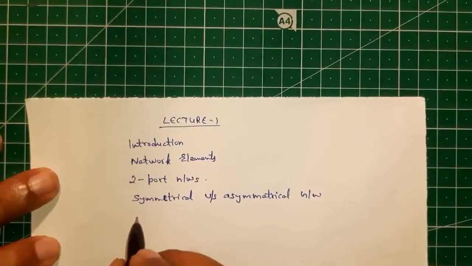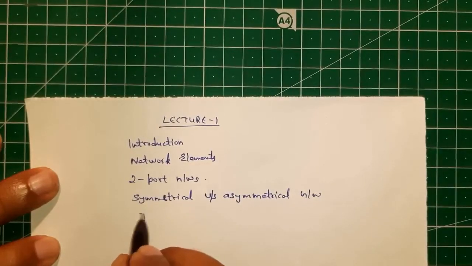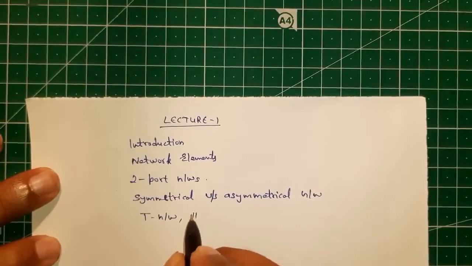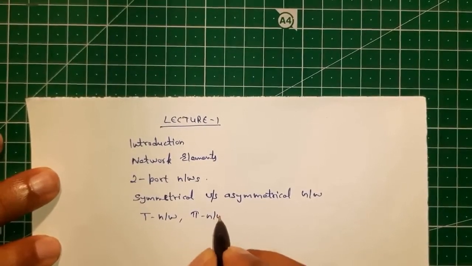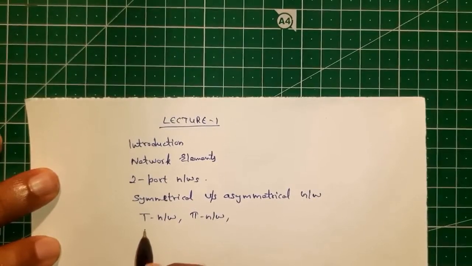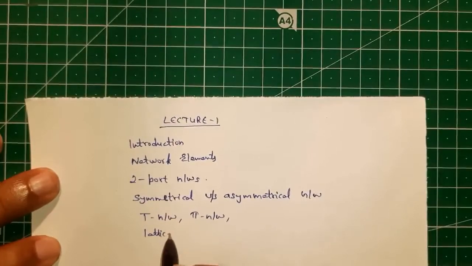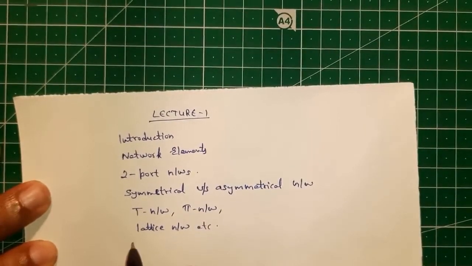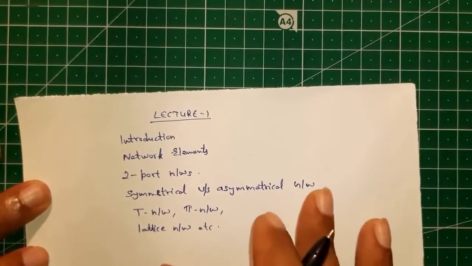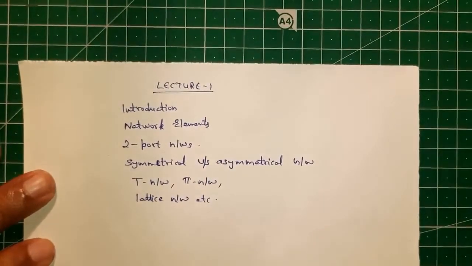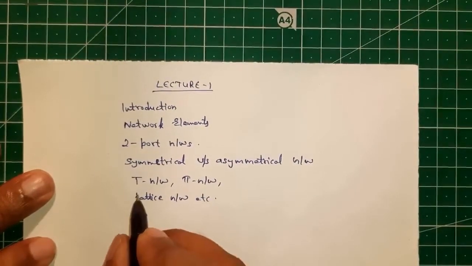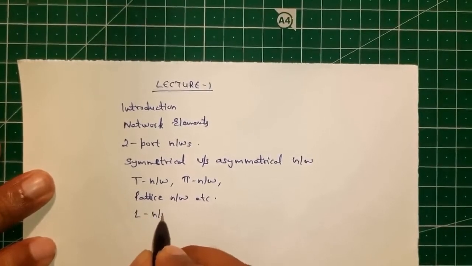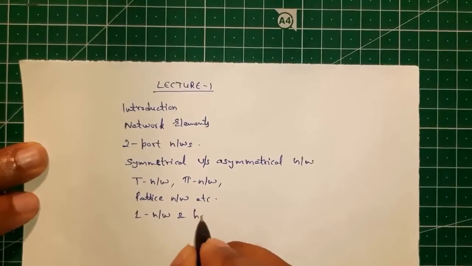So we will try to understand this with respect to a T network, a pi network, then we will see what is a lattice network, etc. Then we will see one special network which is an asymmetrical network, which is an L network, and half sections.